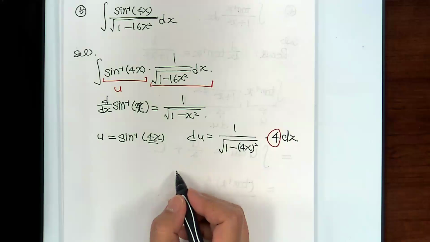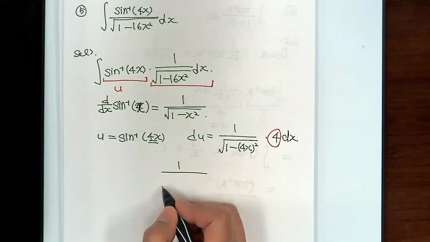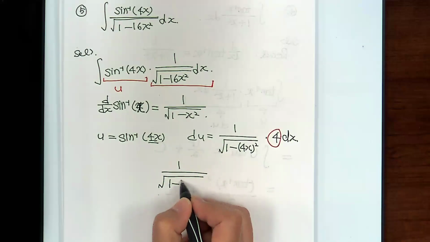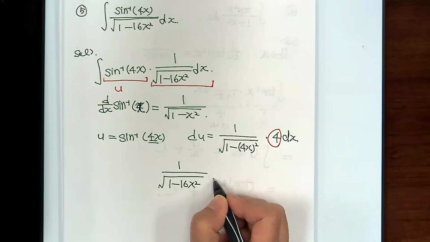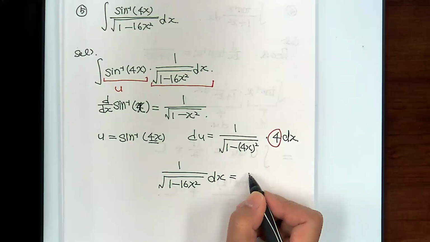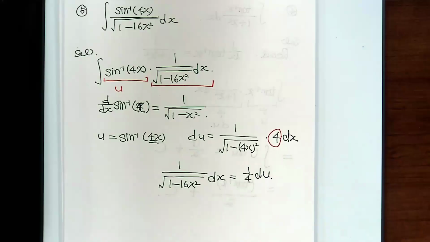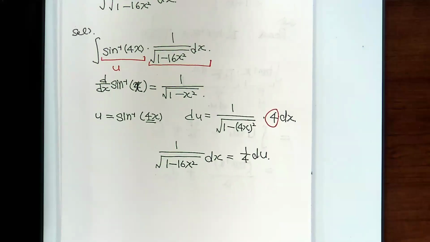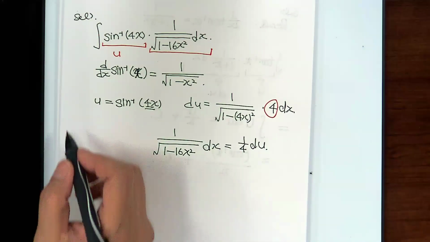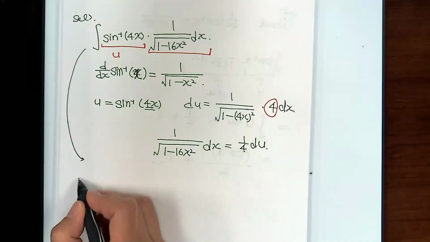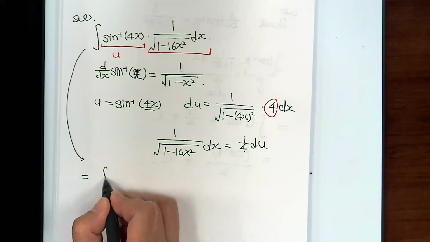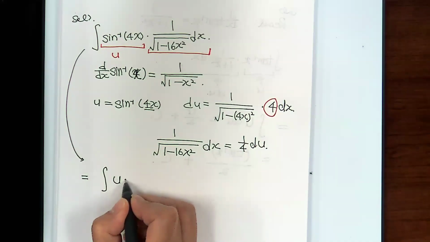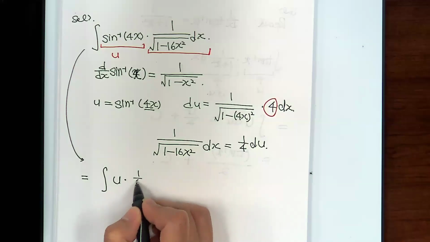So we rewrite 1 over square root of 1 minus 16x squared dx as 1 over 4 du. So this integration can be rewritten as the integral of u times 1 over 4 du.